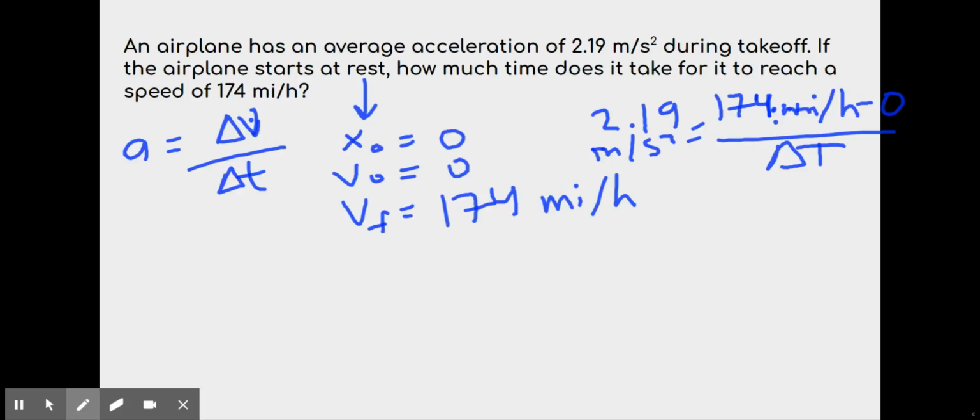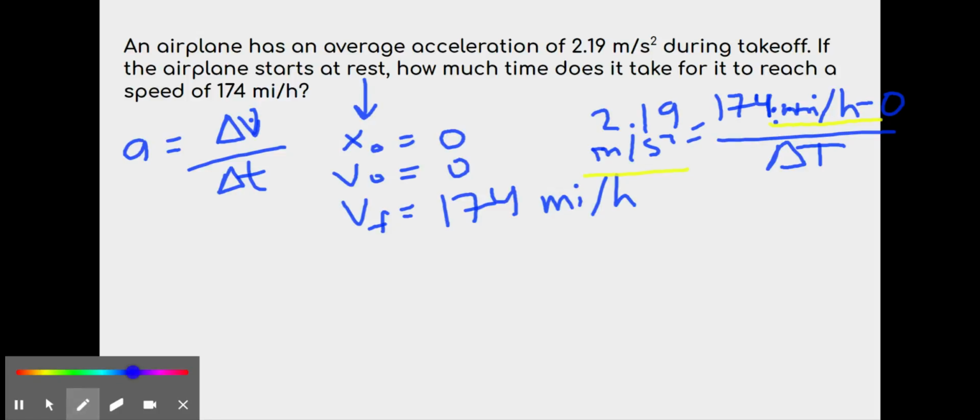So for this, I immediately see an issue. This problem does not have dimensional consistency right now. We have meters per second squared right here, and we have miles per hour right here. That is not okay. We're going to need to convert these to the same unit.